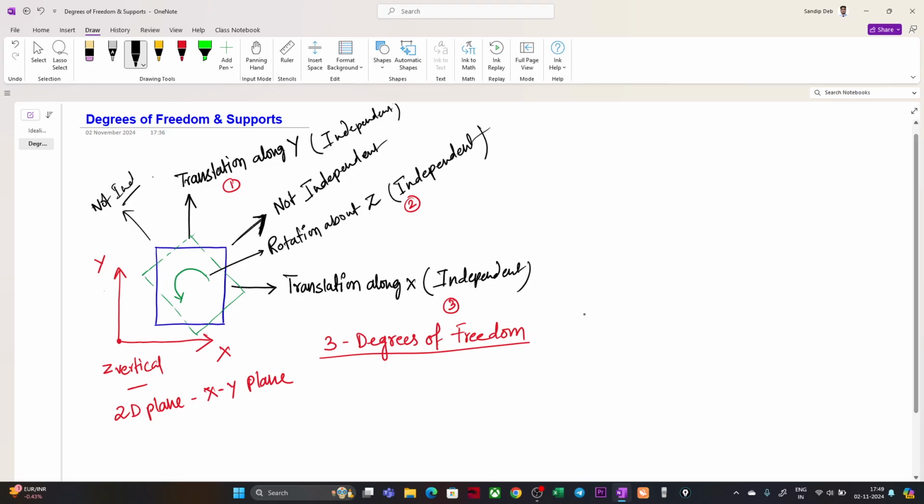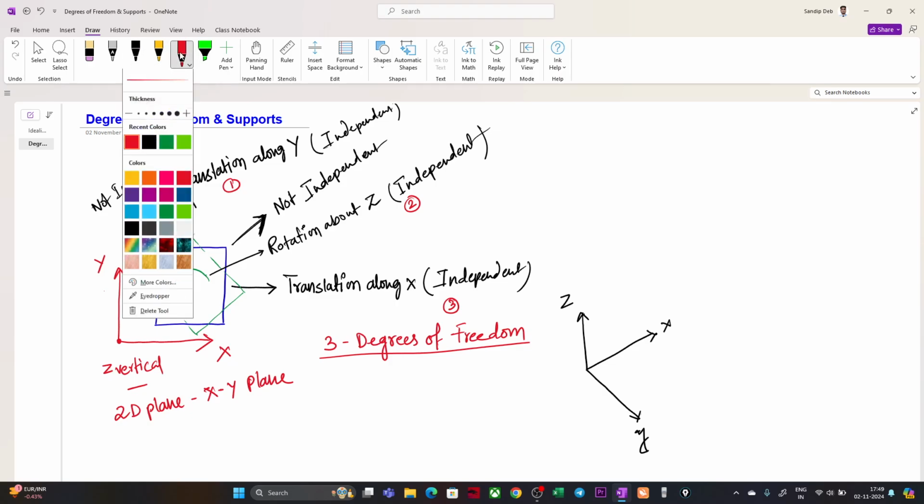So suppose we have again x, y and z. So suppose z, x and y. Okay, now let us put a box here.